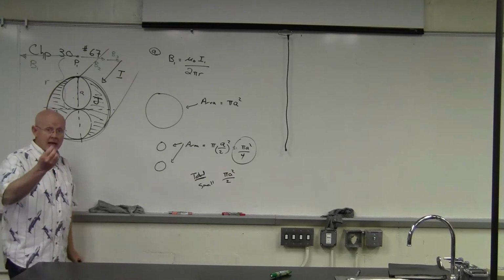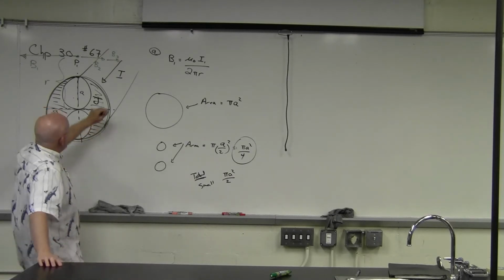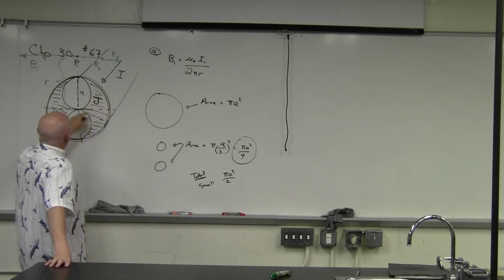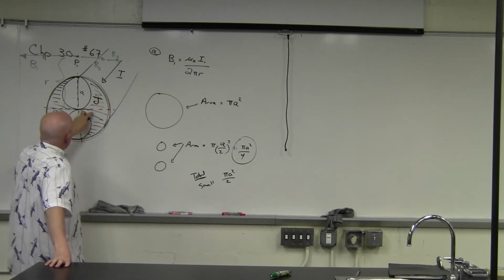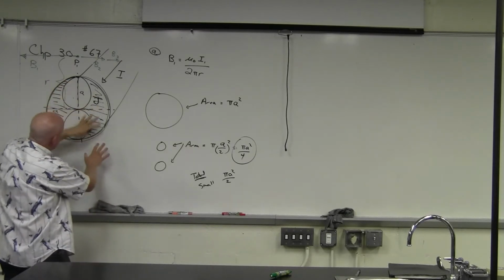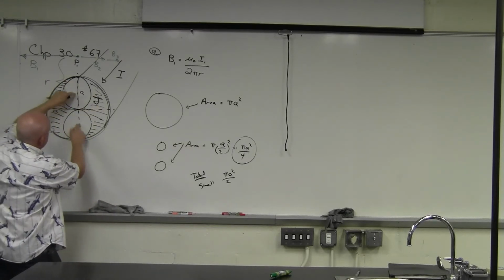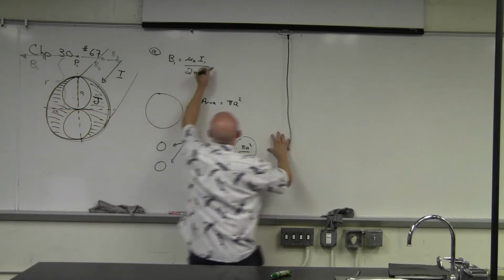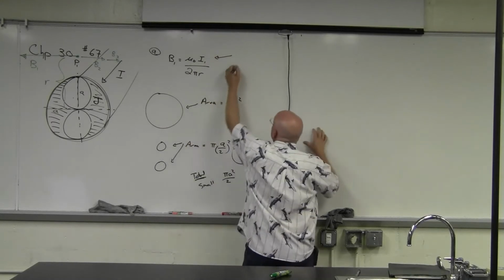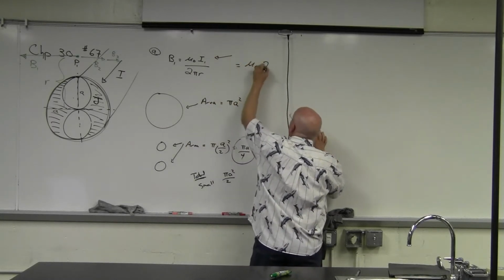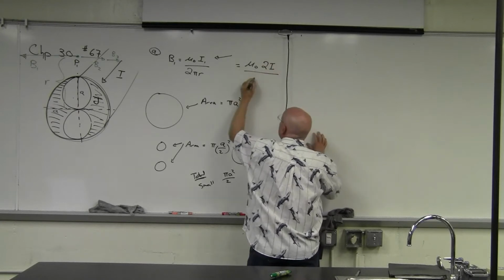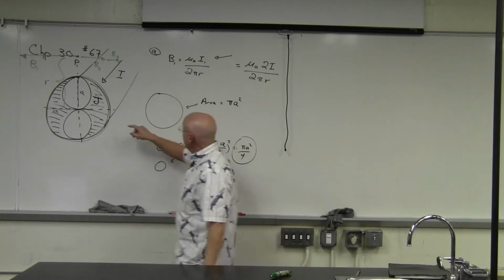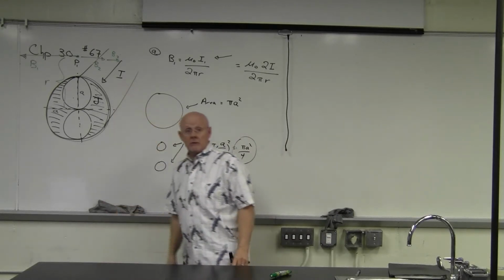Now here's what I'm getting at. If we say that the total current is actually I, and it's spread out over these two, if you were to think of this as being solid, then these two would have that same amount of current as here. And so this right here, thinking of it as a solid piece, would have twice the current as what they're calling I. Okay?